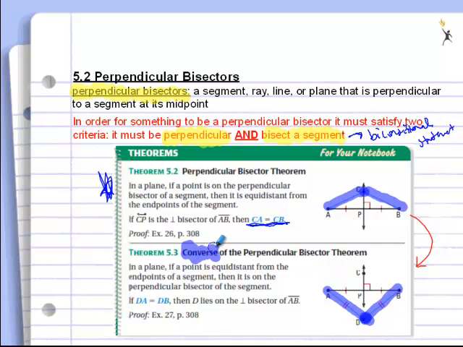Remember, the word converse is taking an if-then statement and flipping it around so that it's a then-if statement. Up here, we're proving that two segments are congruent because they both lie on the perpendicular bisector. Here, we're telling you they're congruent. Therefore, it lies on the perpendicular bisector.